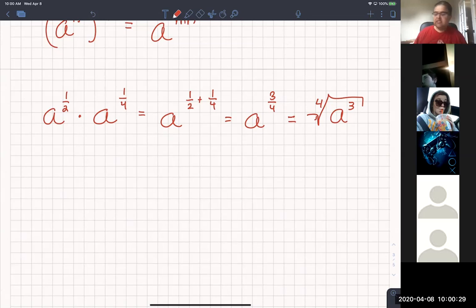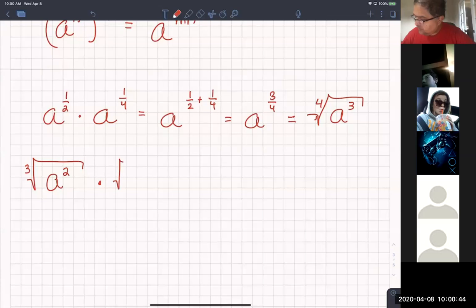Now you can use this to simplify. So say, for example, I have something like this, you can rewrite this using exponents.